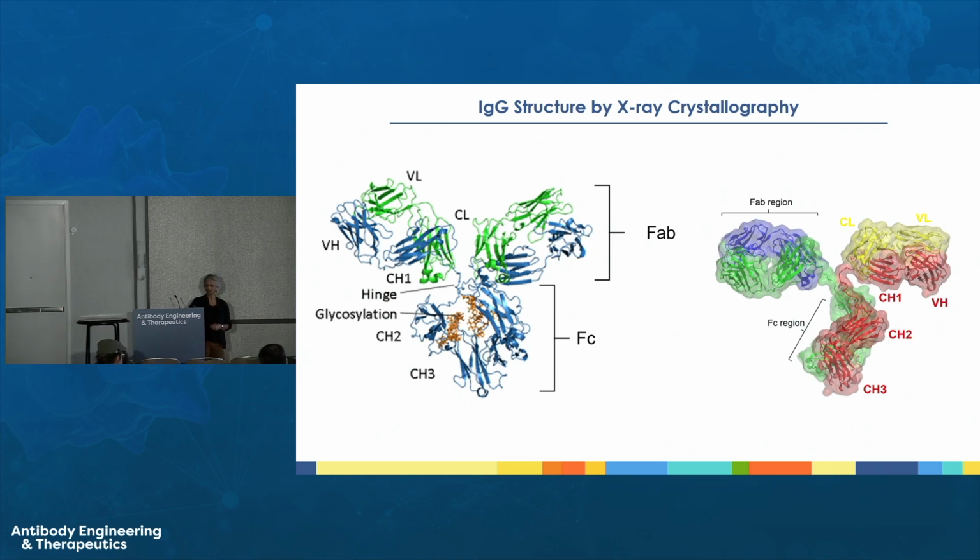The function of the mAbs depends on their 3D structure, and they function by molecular recognition like any other biological molecules. They have to recognize something in the body in order to function, and if they don't recognize correctly, or they recognize something that's somewhat like what they should recognize, you get these side effects.